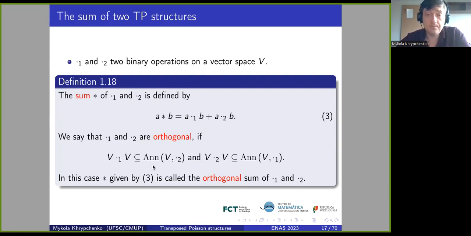Orthogonal means that all the mixed monomials of degree 3 are 0. So the square of one operation is inside the annihilator of the other one, and vice versa. In this case, the sum of two orthogonal operations will be called the orthogonal sum of these two operations.